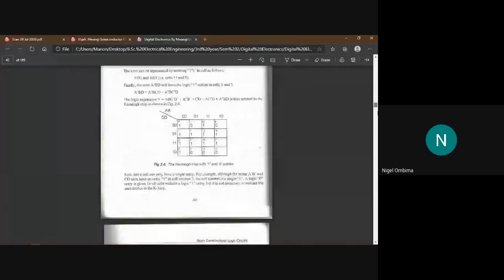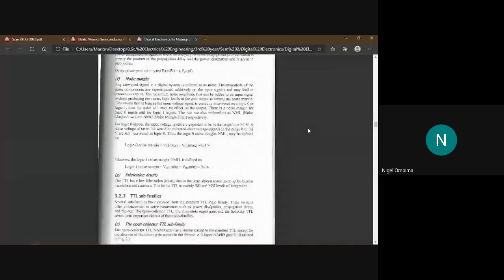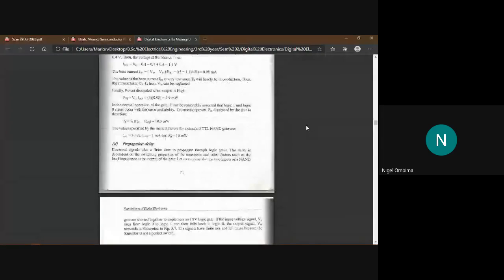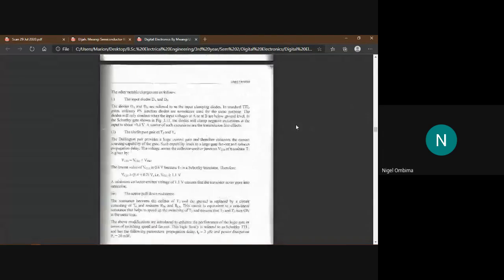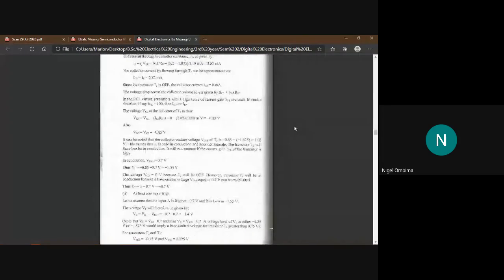See there. Tell me where CMOS is. Page 97. 297. 97.